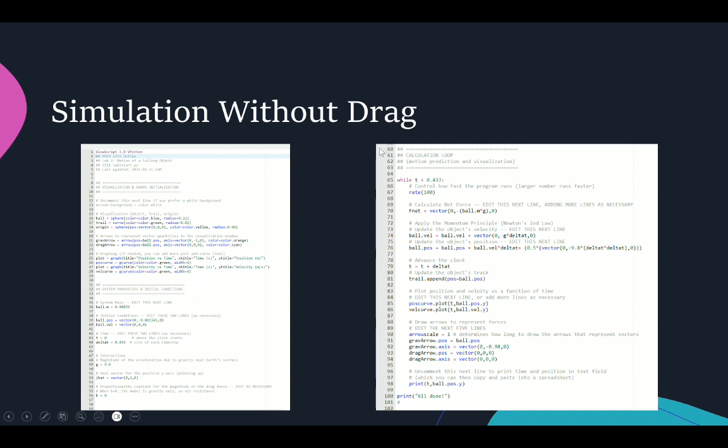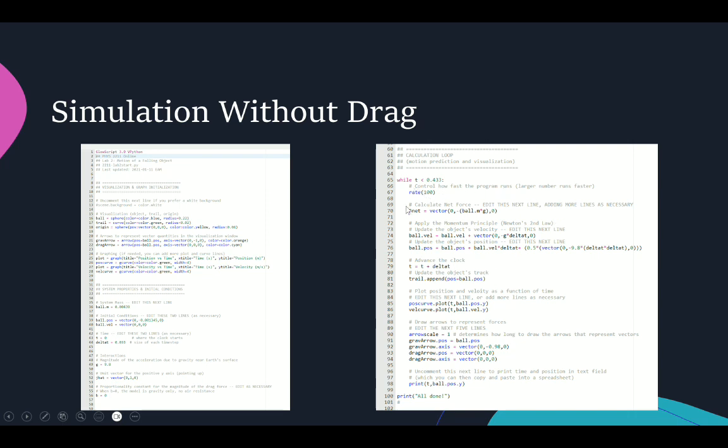So, for the simulation without drag, our ball has a mass of about 4.4 grams. Our delta t is 0.033, one movie frame. Gravity is 9.8. B is 0 because there's no drag. And the simulation will last 0.433 seconds.